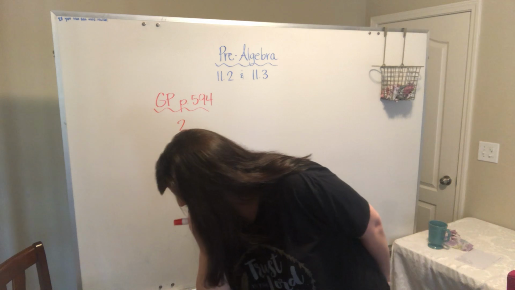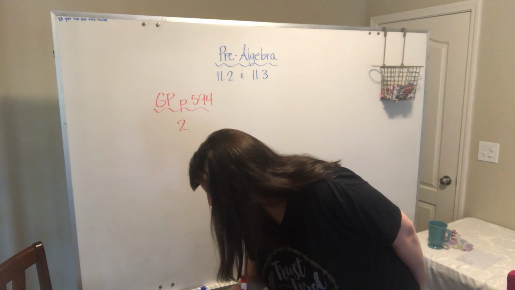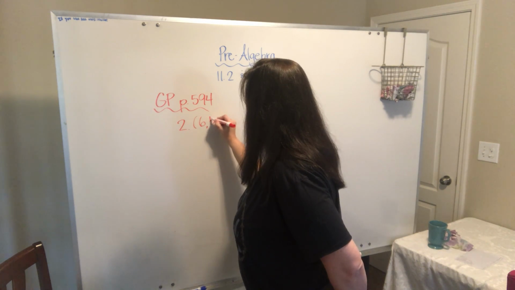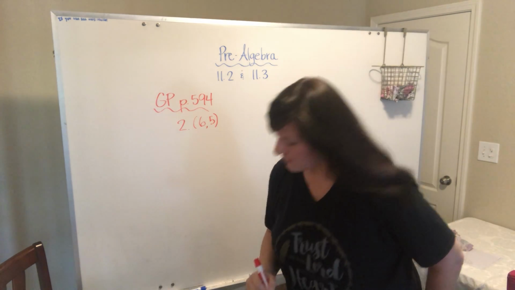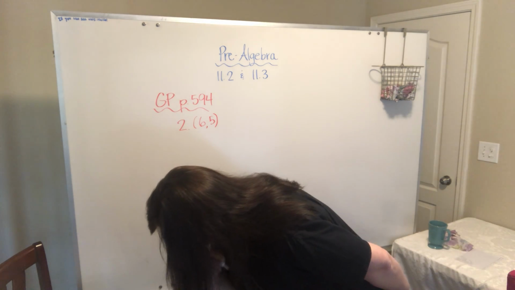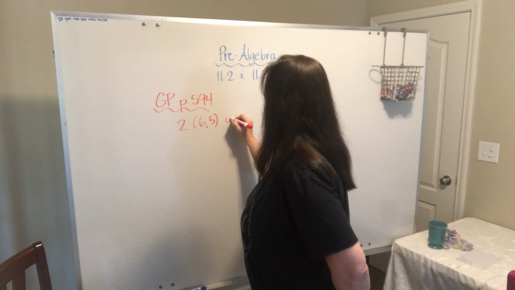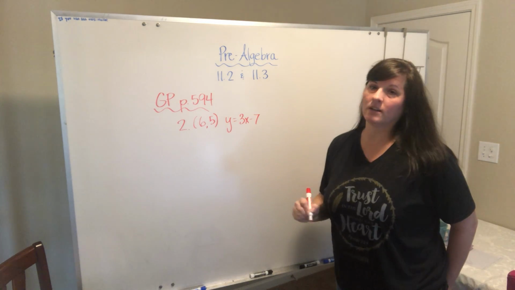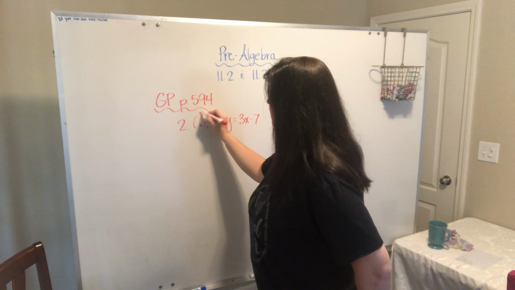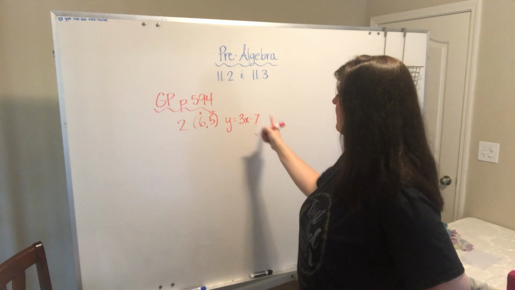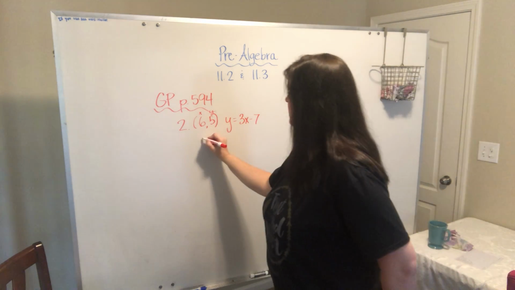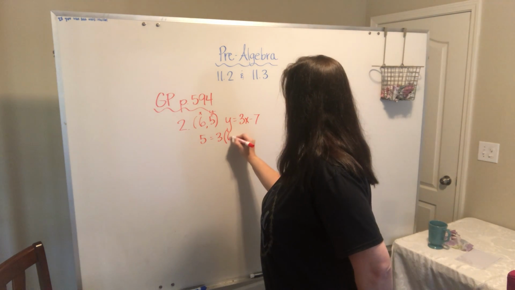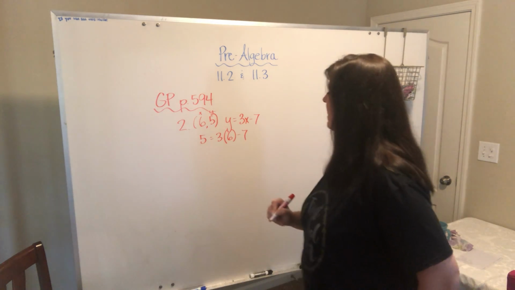At the bottom of the page it says, tell whether the ordered pair is a solution of the equation. Ordered pair, you know, looks like this, a coordinate. Is it a solution for y equals 3x minus 7? Does it work? All right, you should remember this is x, this is y. If I plug them in, is it true? So 5 equals 3 times 6 minus 7.